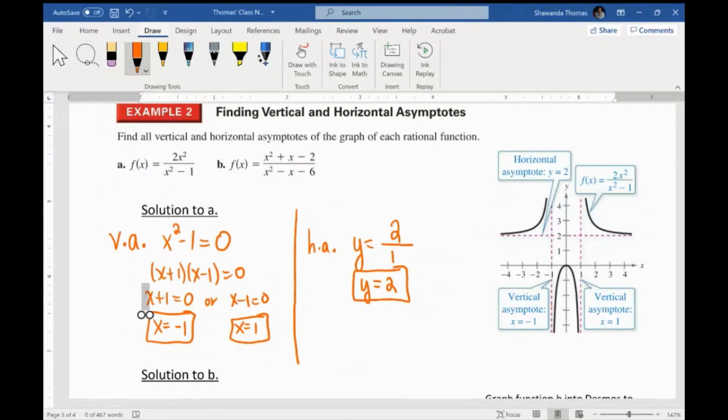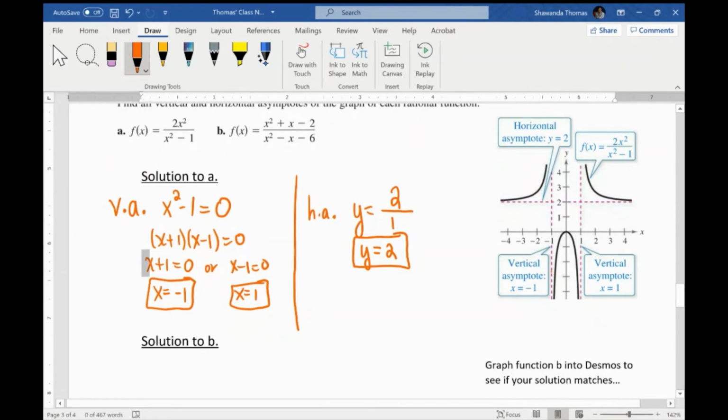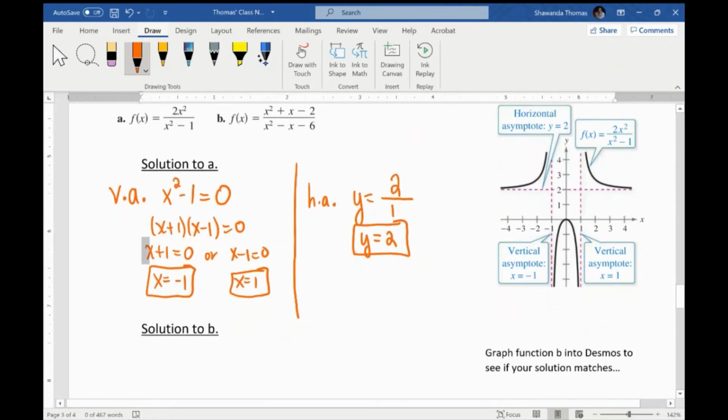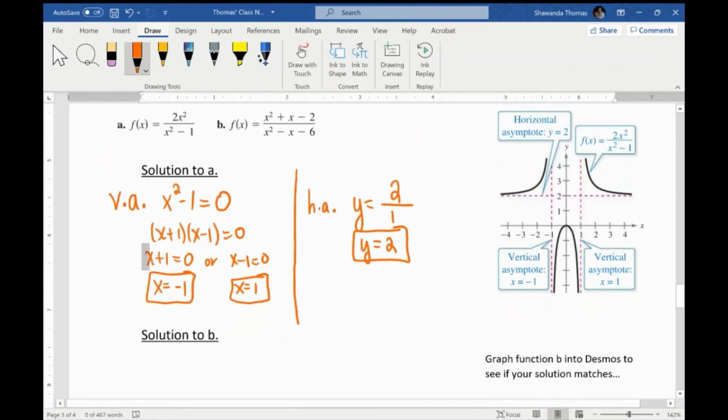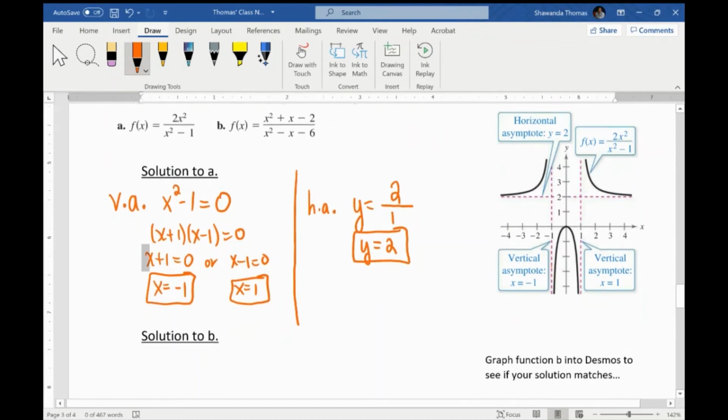To graph the black part, of course, you have to use a t-table like we did earlier to figure out what's going on in all the other sections of this graph. We're not going to go back over that. I just wanted to make sure we know how to find the vertical and horizontal asymptotes because in this section and for the homework, that's what they're going to ask you.